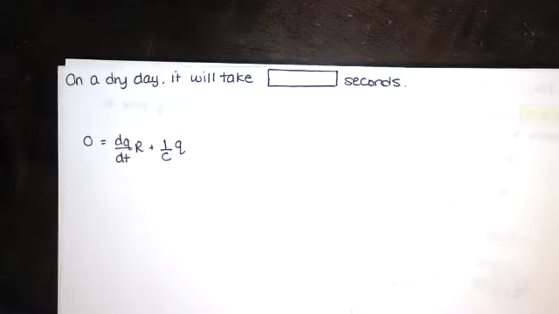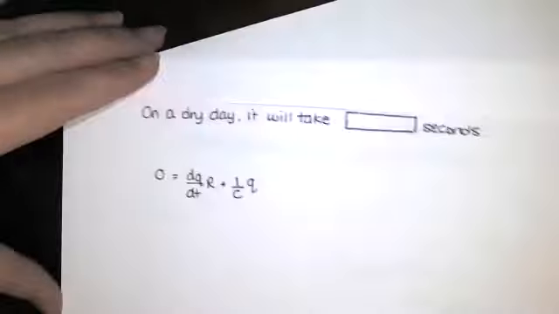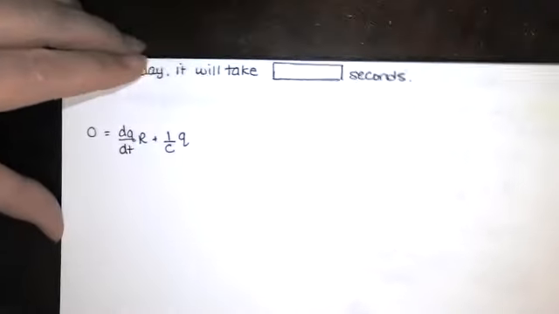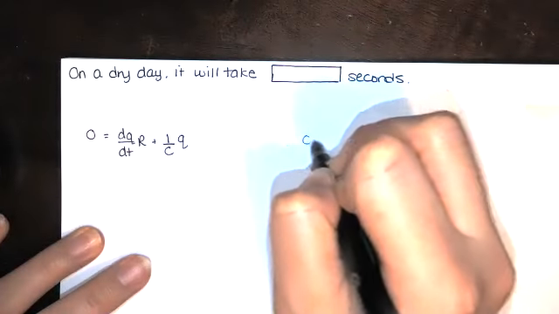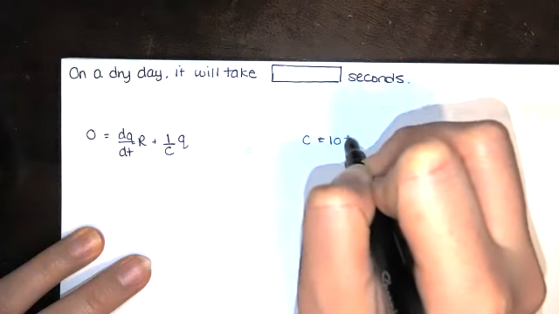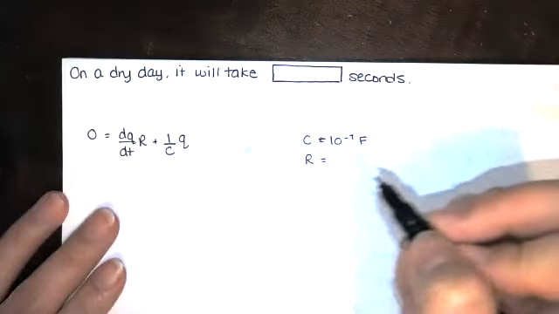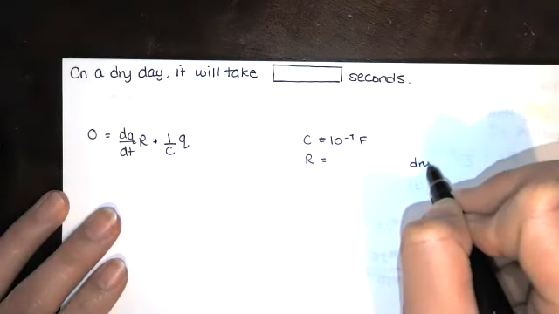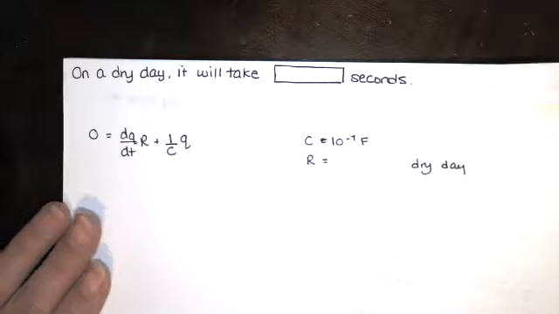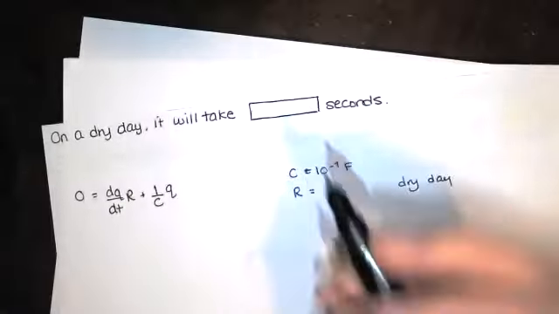And C is a constant. In this case, our capacitance is 10 to the negative 7 farads. And the resistance actually changes. For a dry day, our resistance is 5 times 10 to the 13 ohms.